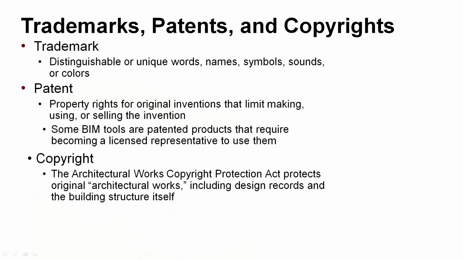But it does include the design records, for one thing, but it also includes the building itself, subject to some limitations, which we will explore. So these are the three types, and it's good to keep those in mind, but in particular to focus on copyrights.